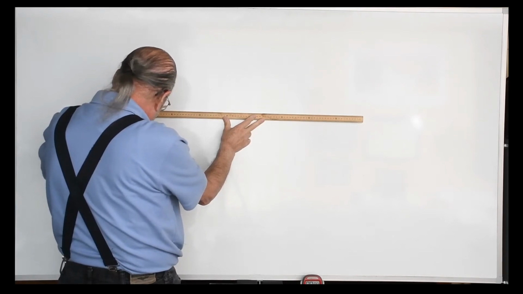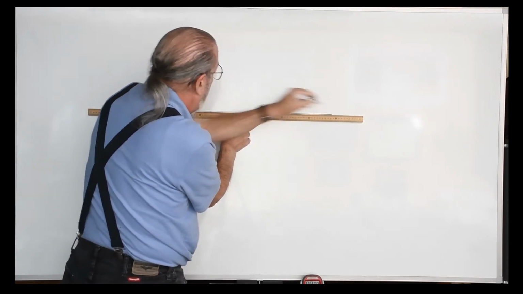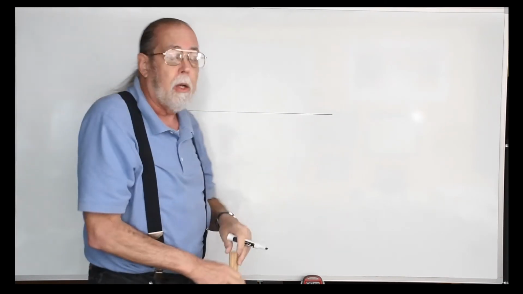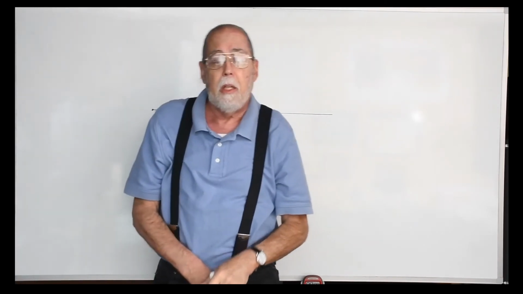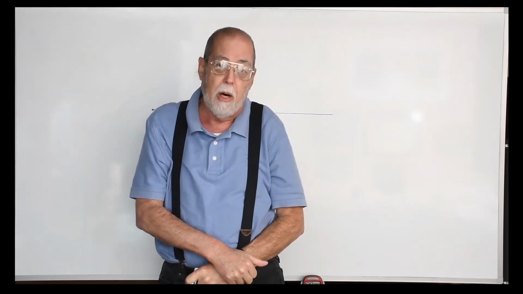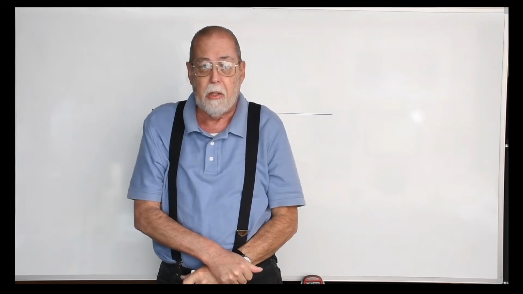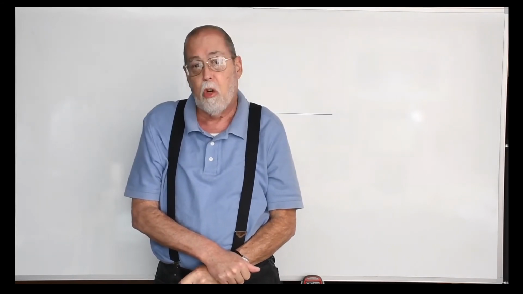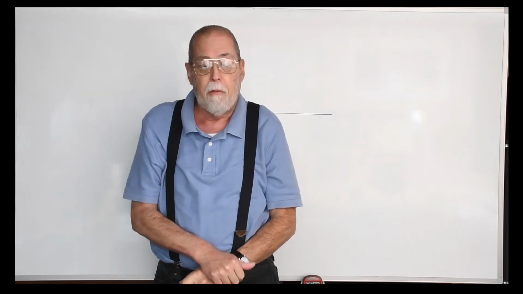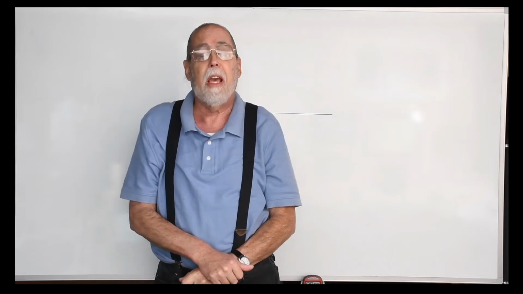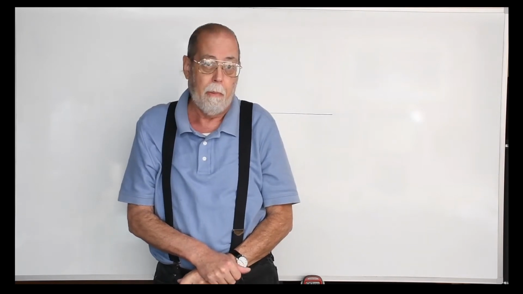And I'll draw a horizontal line like that. And now what I need to do is draw a line 30 degrees above the plus x-axis that is the correct length as determined by the first part of the exercise, where you calculate the scale length that represents the force.